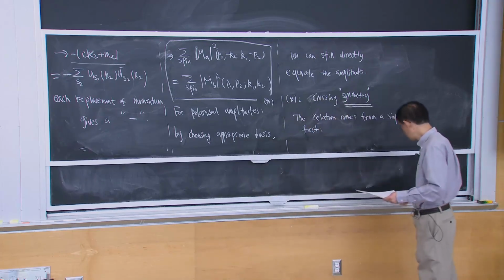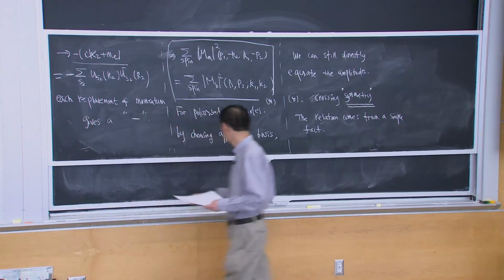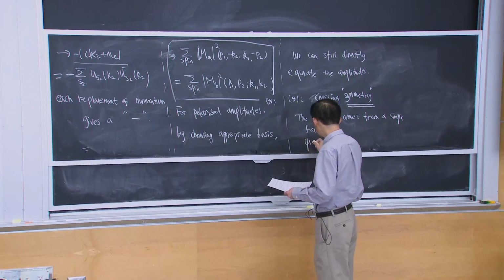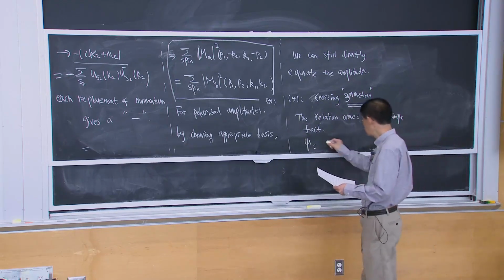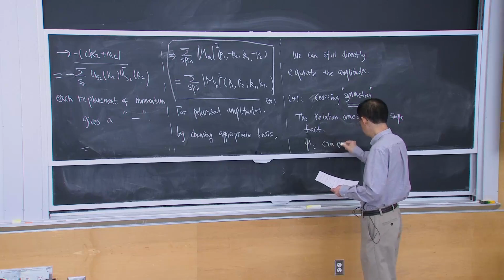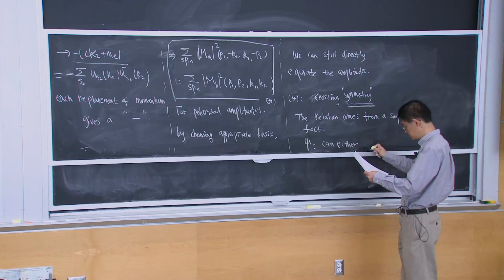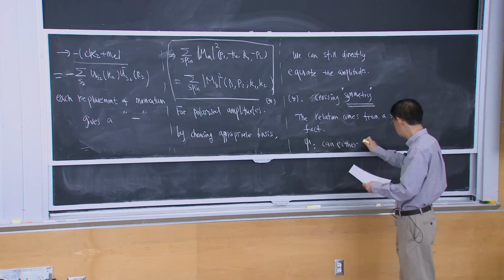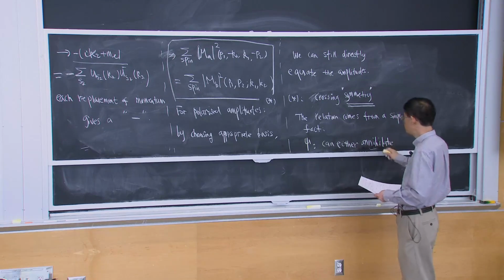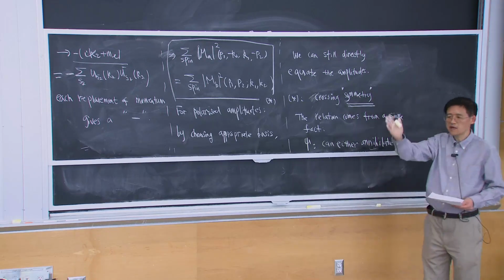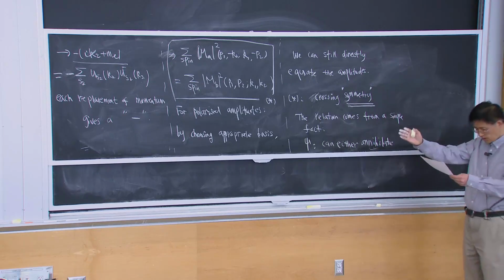If we consider this fermionic field psi, psi can play two roles. Remember, psi is a plus b dagger.